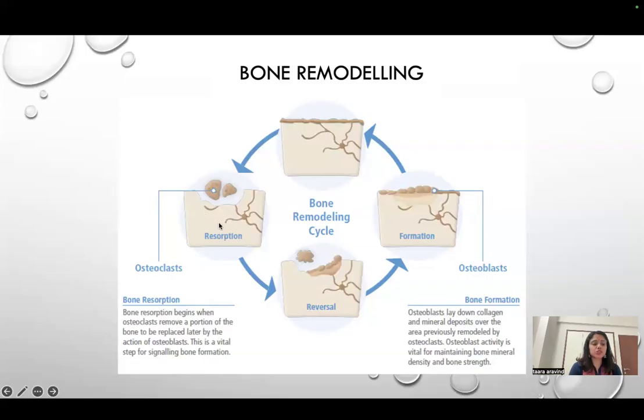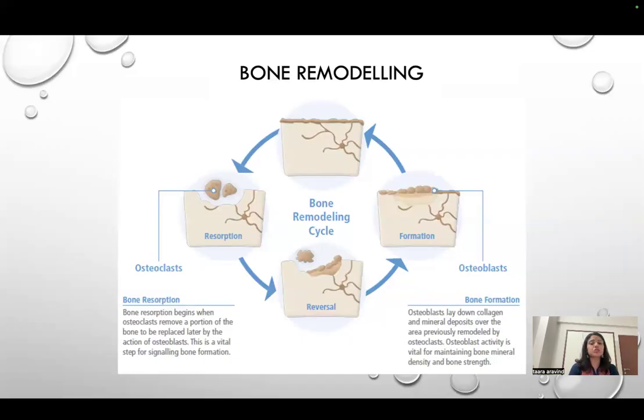The end of this resorption process is marked by a cement line that is strongly basophilic. This marks the end of bone resorption prior to bone formation. It is known as the reversal phase because at the end of bone resorption, there is a formation of a cement line, and this line is known as the reversal line.